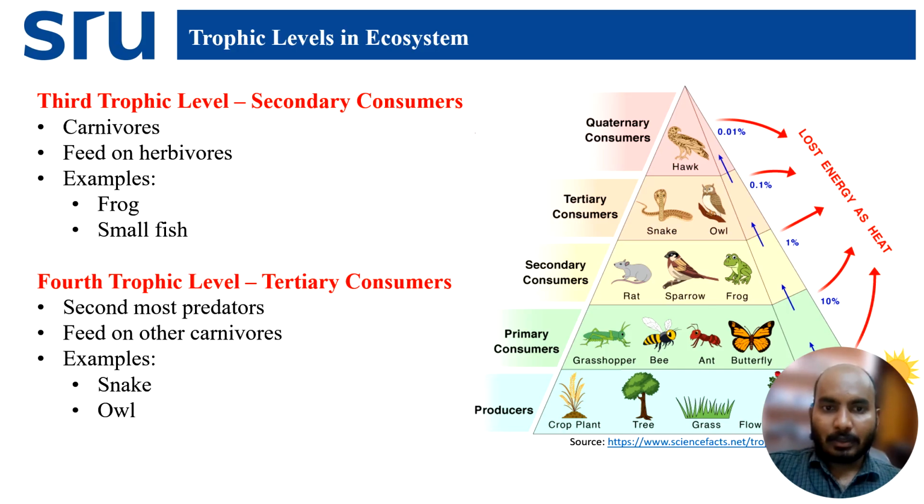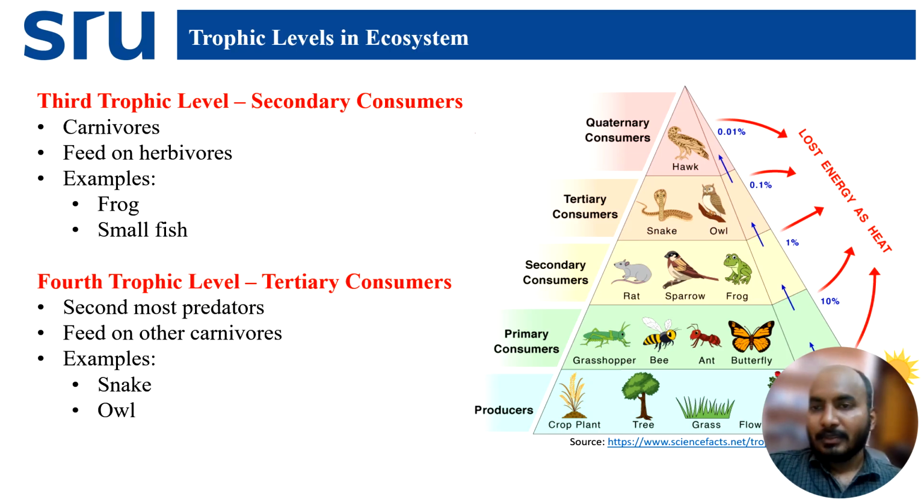So the energy transferred from primary to secondary consumers is less, and the available energy decreases with each stage. Examples of secondary consumers are rats, sparrows, frogs, etc.